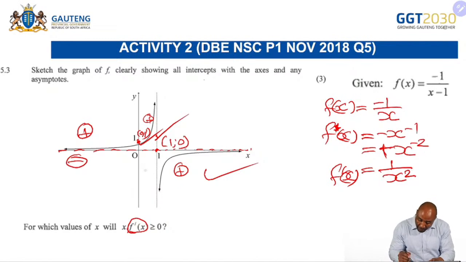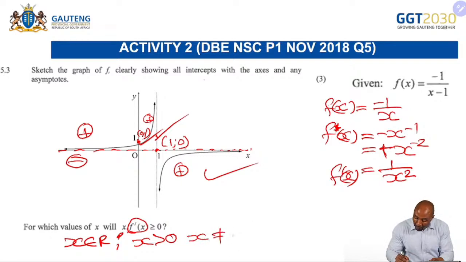So in which case, our solution will be x is an element of real numbers, but our x has to be greater than 0, and our x cannot be equal to 1 because x equals 1 is our vertical asymptote. Our graph is not defined there.